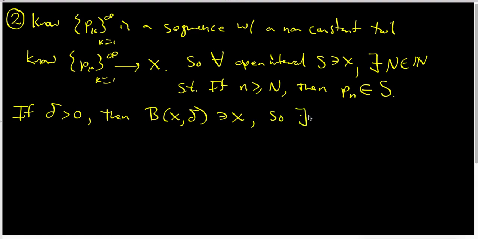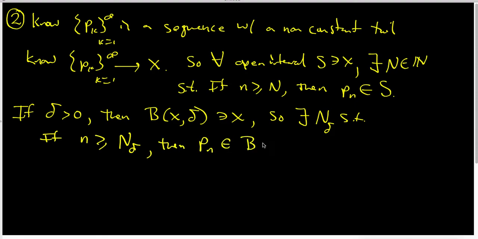So there is going to be a capital N based on the size of that delta ball, which I'm going to call N sub delta, such that if little n is bigger than or equal to capital N sub delta, then I know that p_n is actually inside this delta ball. And that's another important thing that I know.